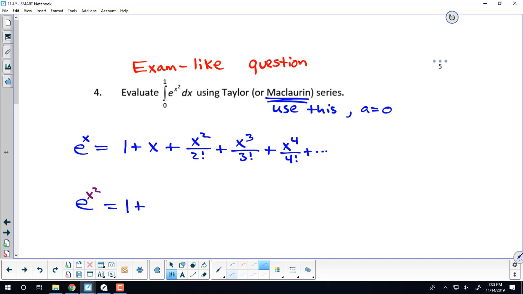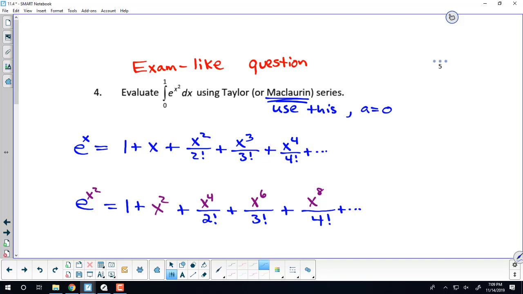So it's 1 plus x squared plus x to the 4th over 2 factorial, x squared squared, x squared cubed, and then x squared to the 4th. And so forth.